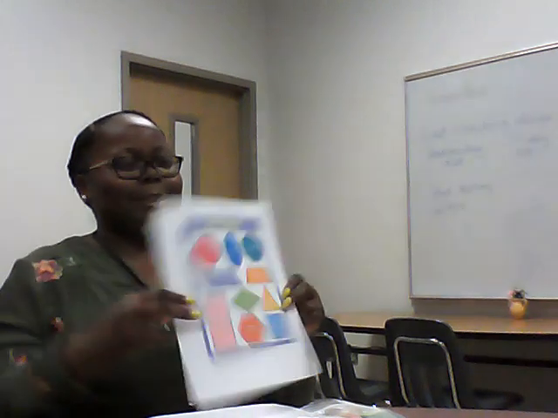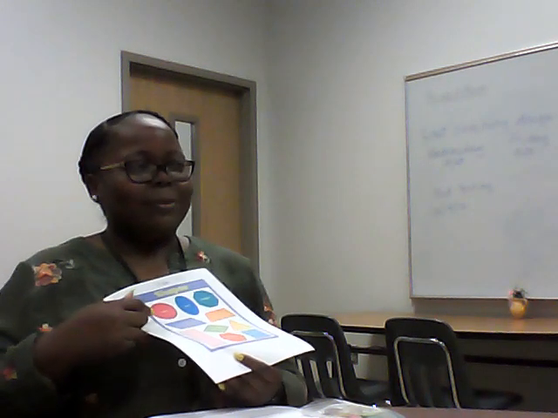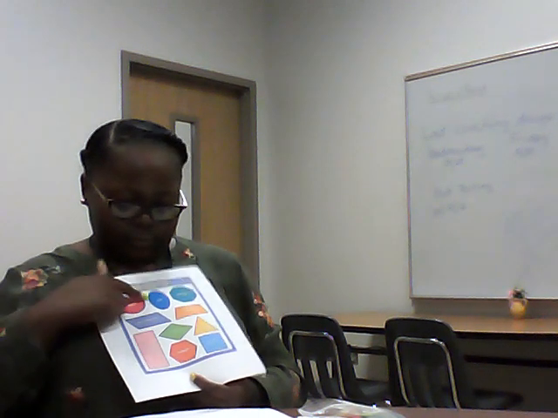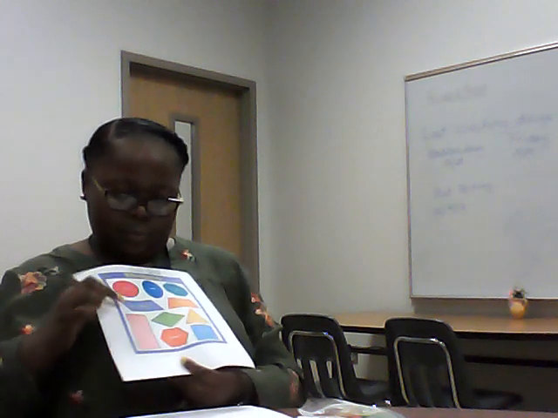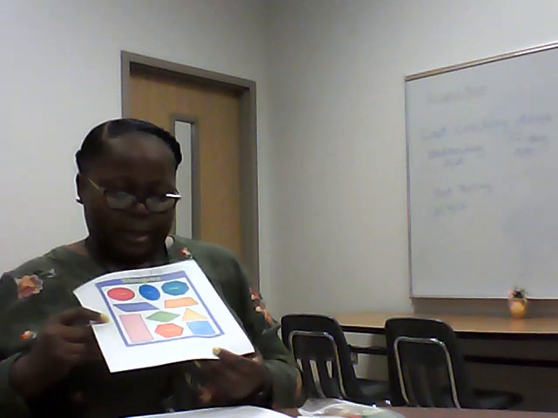Good job. So first we're going to look at our two-dimensional, or 2D, shapes. And 2D shapes are what? They're flat. So what do we have? A circle, an oval. Tell me what this is? A parallelogram. Good job.